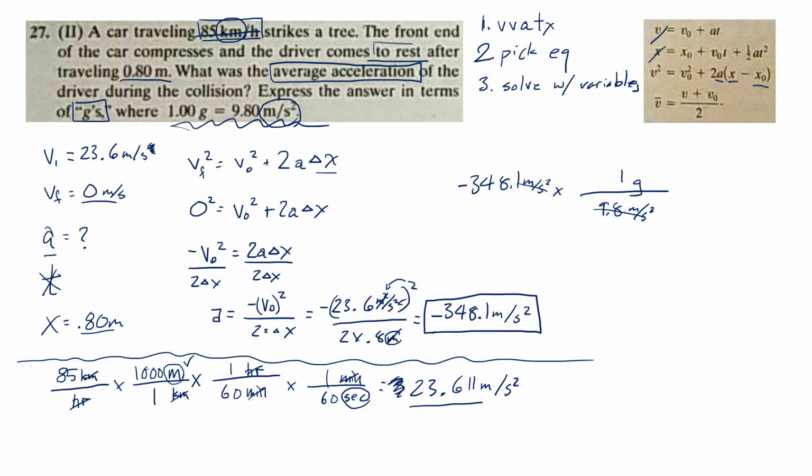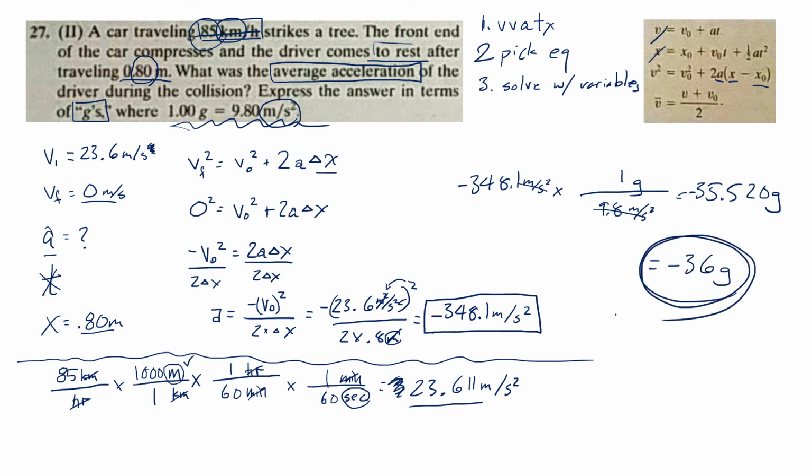I get 35.520, blah, blah, blah. But this is in g's. But we're only given 2 sig figs here. Look, 2 sig figs, right? So we got to report 2 sig figs, meaning we're going to rewrite this. Oops, this is a negative, right? As negative 36 g's. That is our answer.